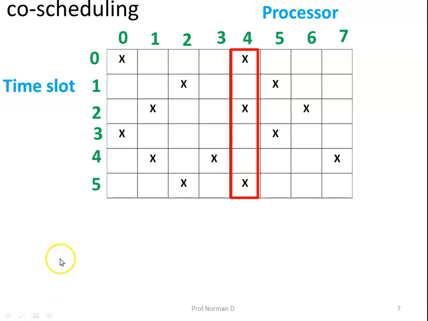Now this algorithm uses a conceptual matrix in which each column is the process table for one processor. So column 4 consists of all the processes that run on processor 4.